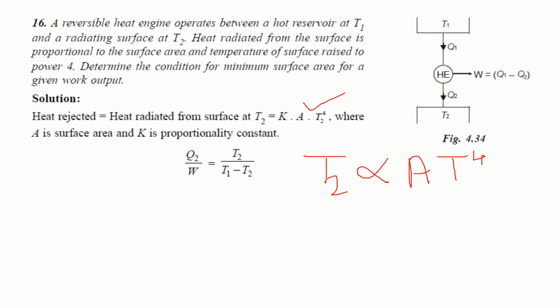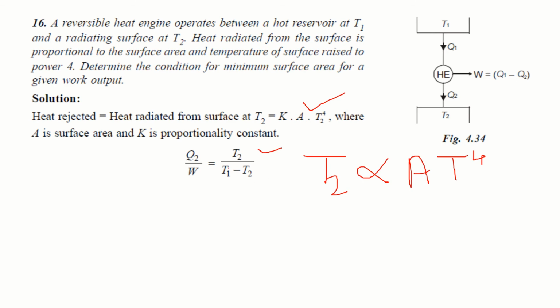What it is given? Q2 by W, heat rejected, that is Q2 divided by Q1 minus Q2, or Q2 by W. I can also write it as T2 by T1 minus T2.